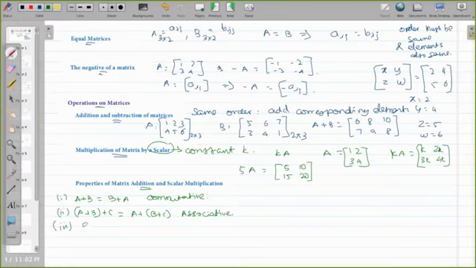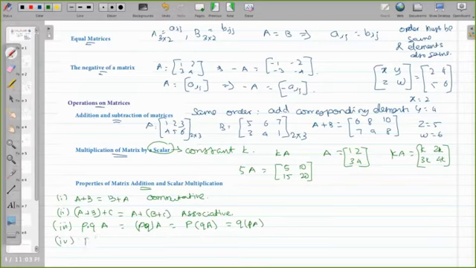Then next, children, it is about the scalar. If I take scalars P and Q multiplied with the matrix A, it can be written as PQ into A or P into QA. Children, you can even write Q into PA. It's only a number, no? It can be multiplied like this.